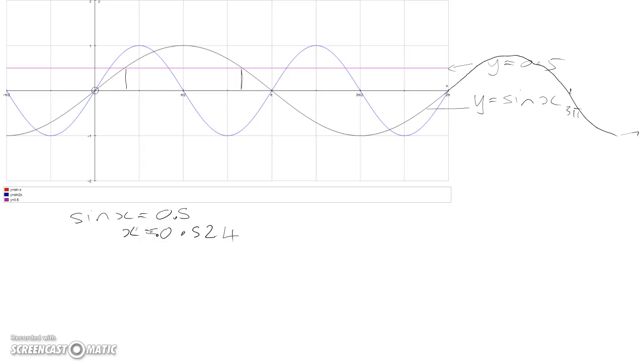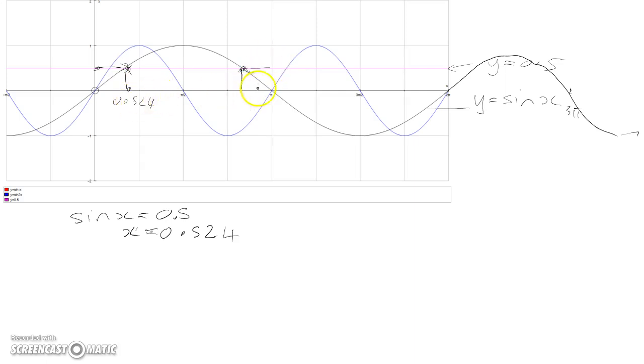What does that mean? It means that this first point that we meet at over there is going to be the point 0.524. I now want to find out what that point is. Well, luckily for me, I remembered my wonderful teacher telling me that my sine graph, as it goes around here, is symmetrical. So this distance from here to there is going to be exactly the same as that distance from there to there.